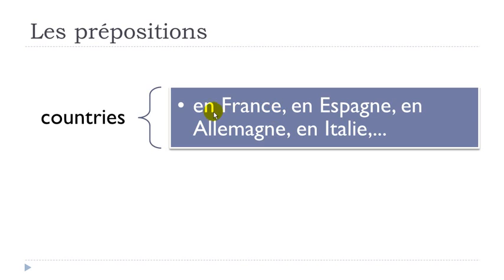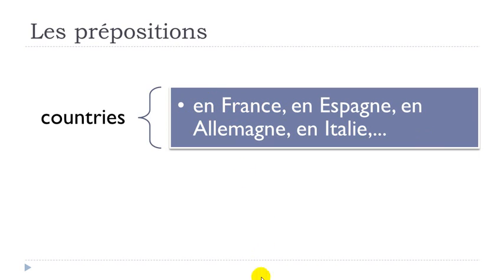If it's feminine, then you will have to use this preposition en if you want to express this in concept. En France, en Espagne, en Allemagne, en Italie. Now we'll read it with the liaison if needed. En France, en Espagne, en Allemagne, en Italie. So if you want to express this in with countries and only feminine countries, then you should use this en preposition.